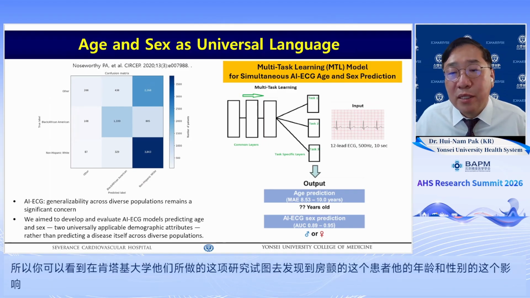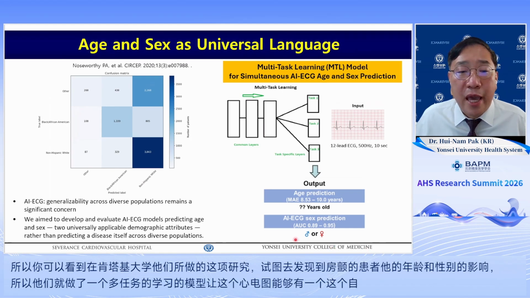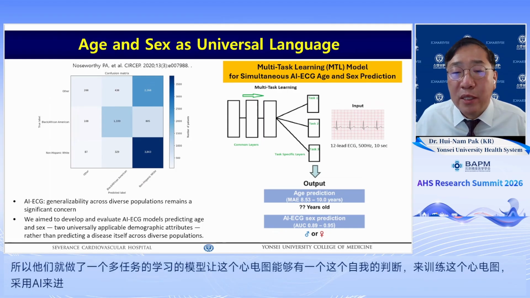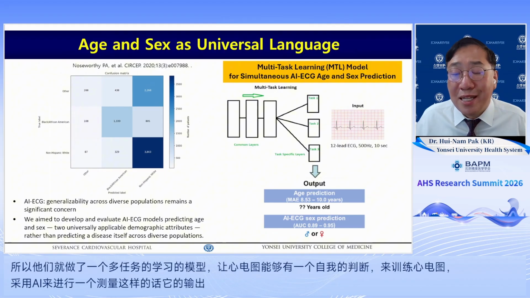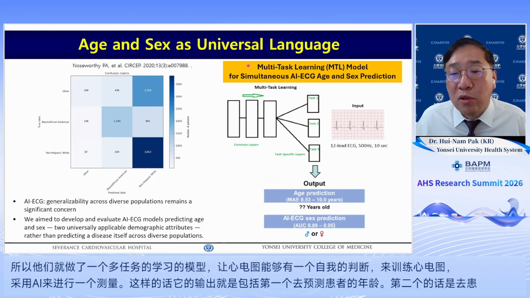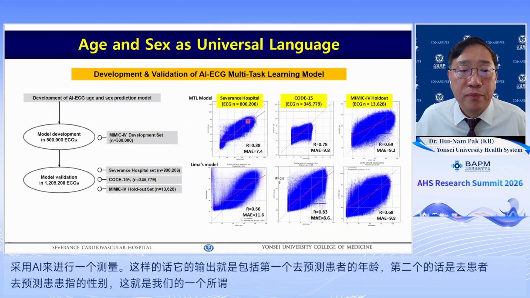To address these limitations, we focus on developing and validating AI ECG models that predict age and sex, these two fundamental, universally applicable demographic traits, rather than attempting to predict disease outcomes across heterogeneous populations. Therefore, we use a multitask learning model, the MTL model, to simultaneously predict both age and sex from a single ECG.